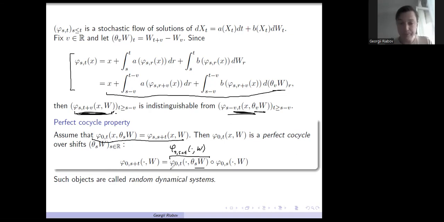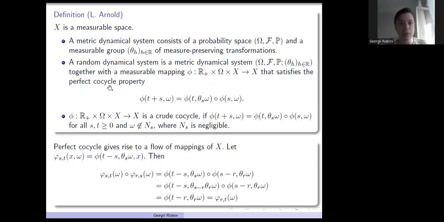However, in the flow property, in the mapping phi_t, we need to substitute not Brownian motion, but a shifted Brownian motion, which corresponds to the fact that when the mapping acts from time 0 to s, the Brownian motion also moved in time. Okay, and such relations appear in the context of random dynamical systems.